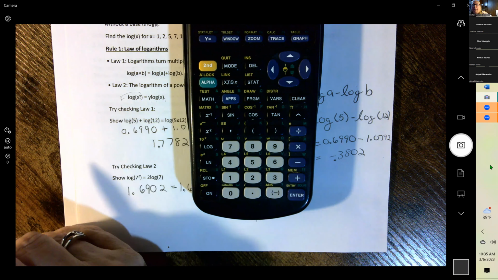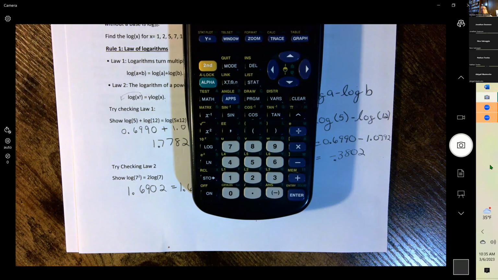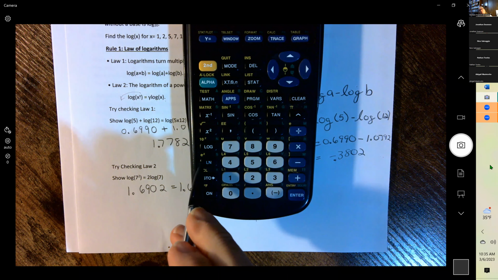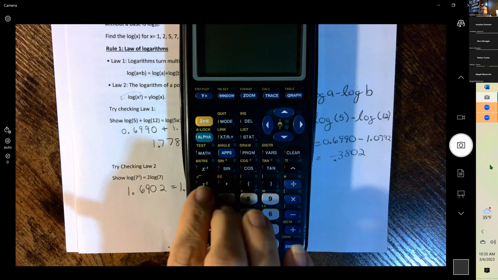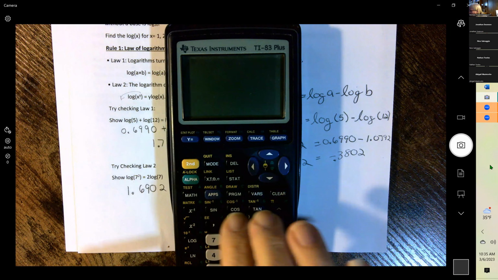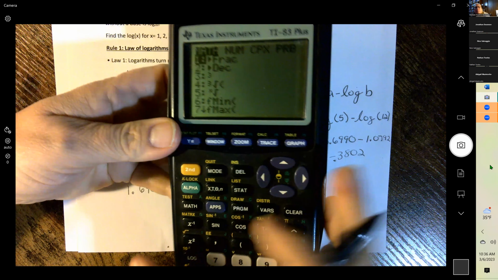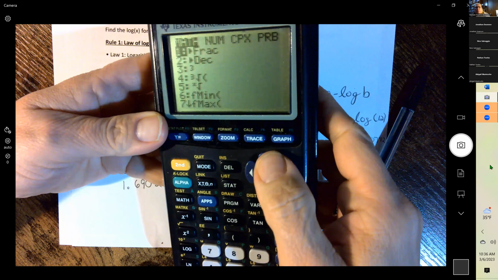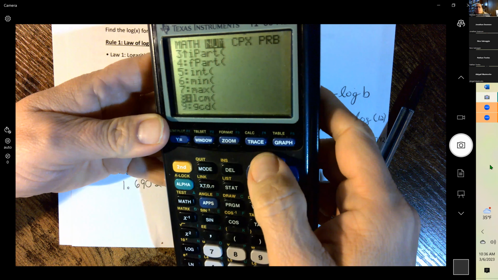We may get into other logs in this class, though this chapter didn't show it. If it's a base different than 10, you cannot plug that into your calculator without changing the base. Some calculators have different bases that you can put under math.